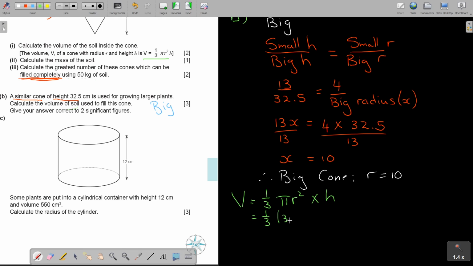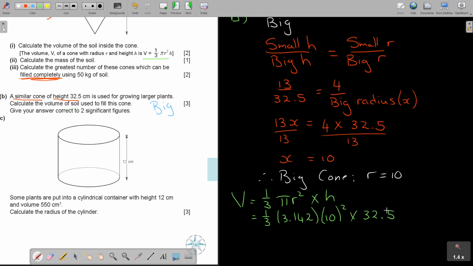And then it's 3.142. And what is the radius now? It's 10. And what's the height now? 32.5. And then I'm just going to multiply it. It's 3.142 times 10 times 10 times 32.5, divide 3 equals.